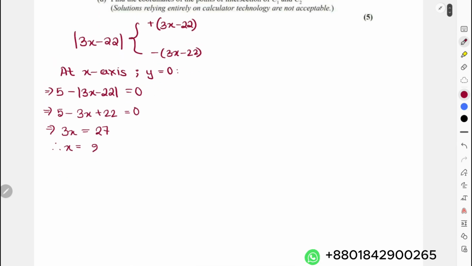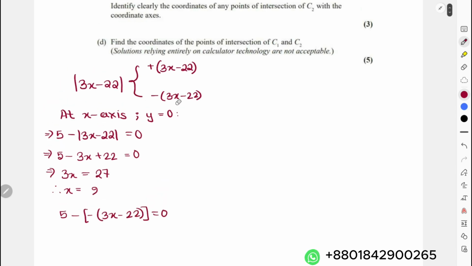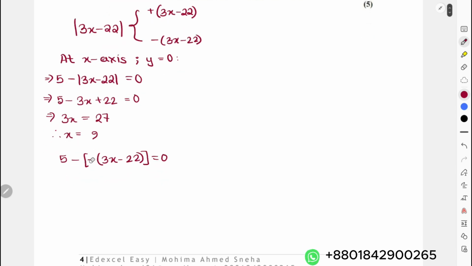And then again doing similar work, this time we are taking 5 minus 3x minus 22, the minus version now. So minus and minus becomes positive.